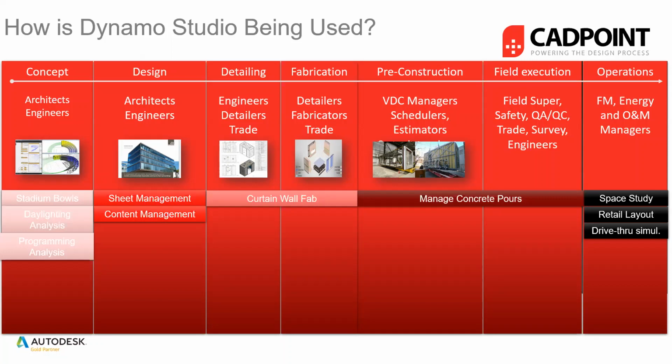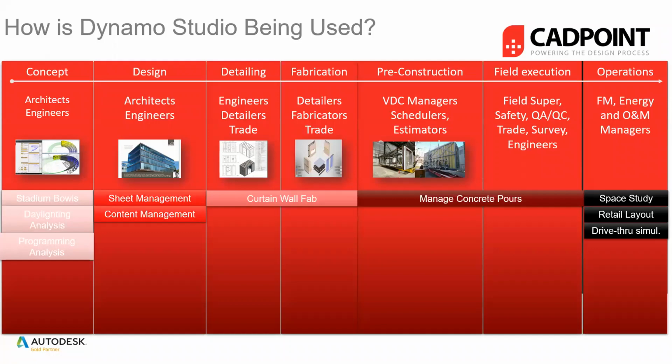And then on site, being able to use it to perform QA and QC tasks as well, and feeding that information back into your model. And then operation stage, being able to hand over maybe an Excel data sheet of COBie information, FM information, your operational information. You can pull all that out of your model and push that into Excel or whatever preferred format and hand that over to your operations team as well.